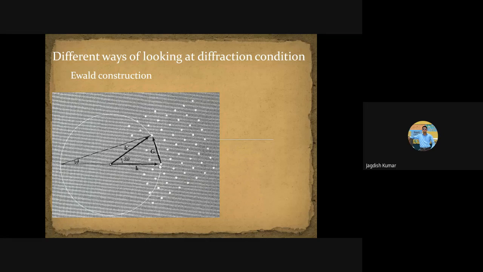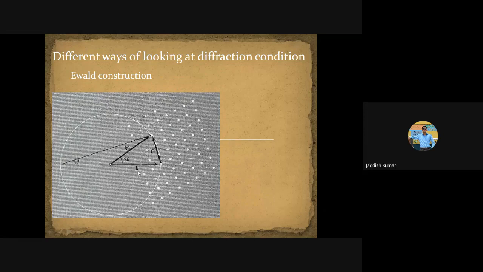Is that okay? It means we are choosing a point in reciprocal space and drawing a vector having length equal to k, which is the wave vector for the incident beam. What will be its length? 2 pi by lambda.